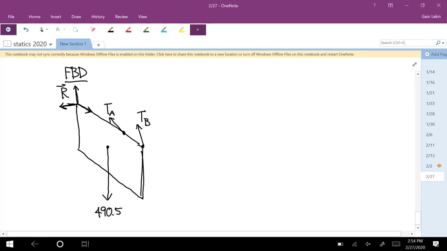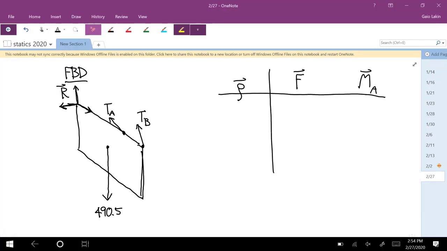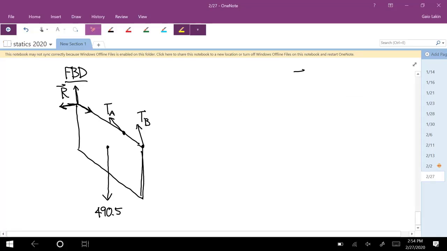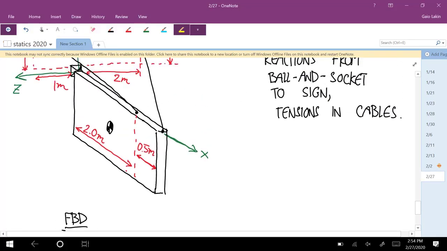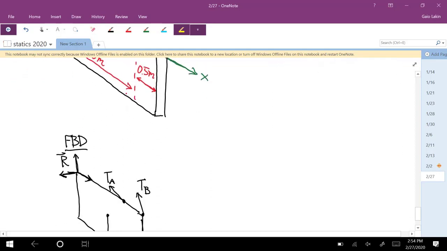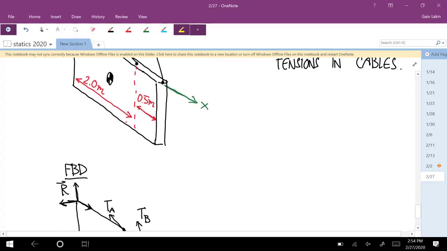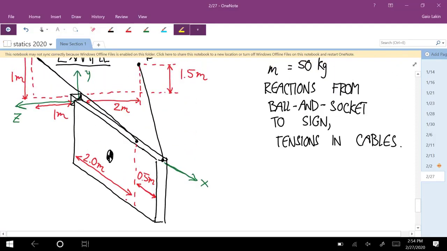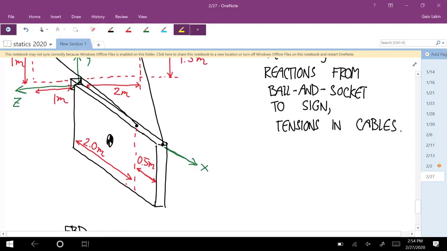So let's start writing out this table. Row vector, force vector, and moment. Oh no, I'm sorry, I said first let's come up with all those coordinates. We didn't do that. Okay, so first, the ball and socket joint is the origin.